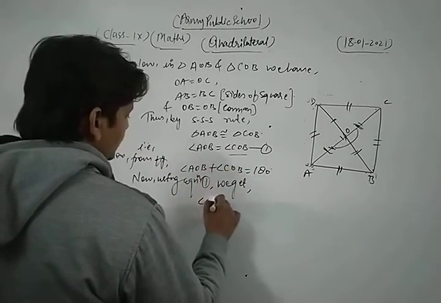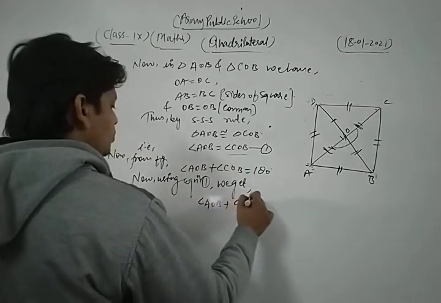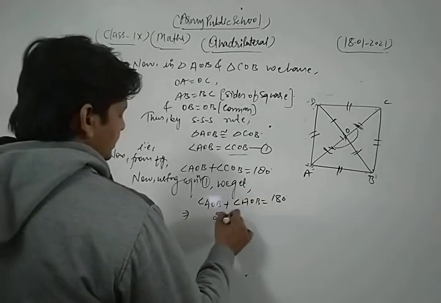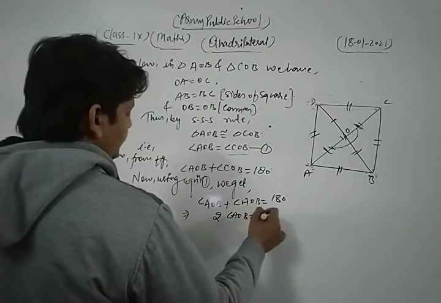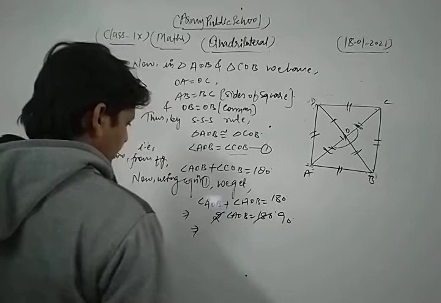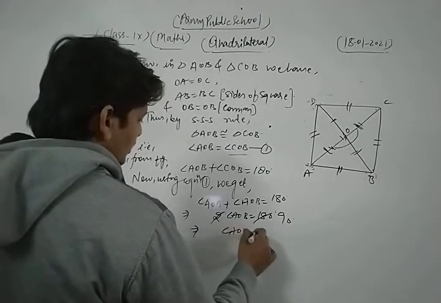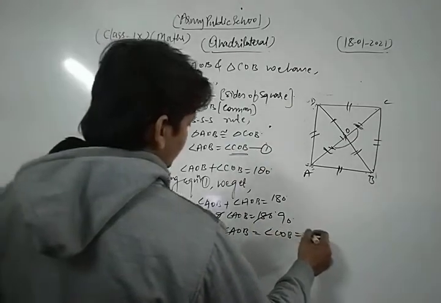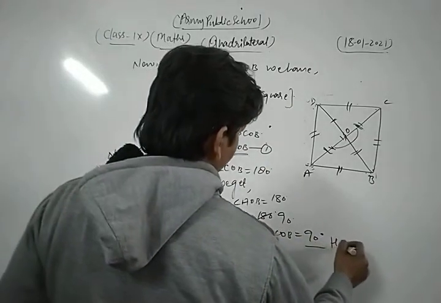So angle AOB plus angle AOB is equal to 180, that is 2 times angle AOB is equal to 180, so angle AOB is 90. So angle AOB as well as angle COB, from 1, each equal 90 degrees. Hence proved the last result.